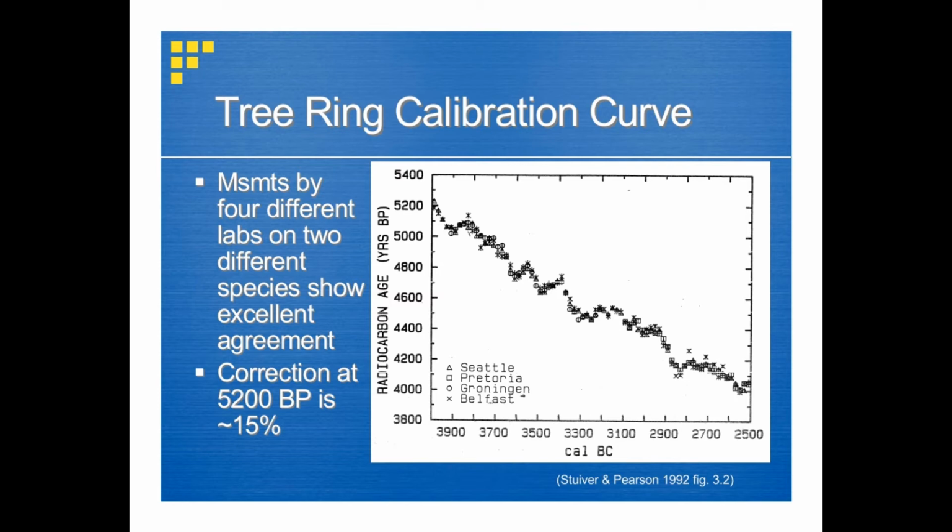Also, you notice that the correction is around 15% back here at the oldest date, about 4000 BC. We have about a 15% correction. So some of the critics want to say that these tree rings can have multiple rings per year, and so these numbers are all completely off.